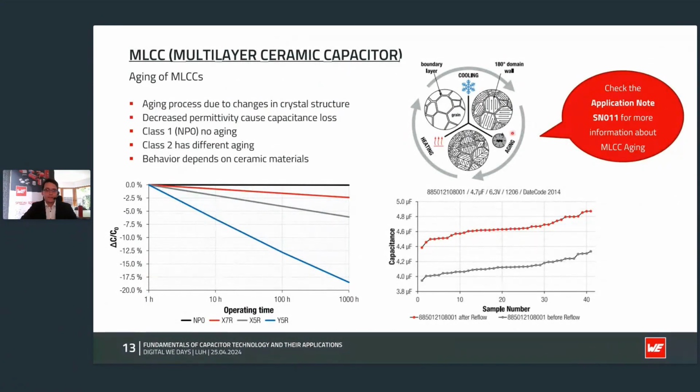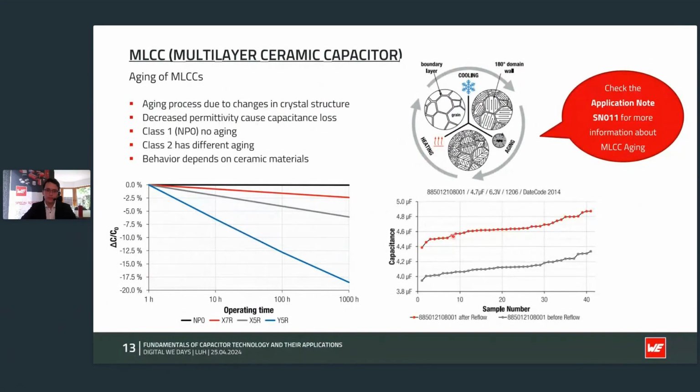So here it is described how this aging effect really occurs. What is also described here is that after leaving production, your component will age, but if you exceed the Curie temperature of the specific component, then you can reset this aging behavior.